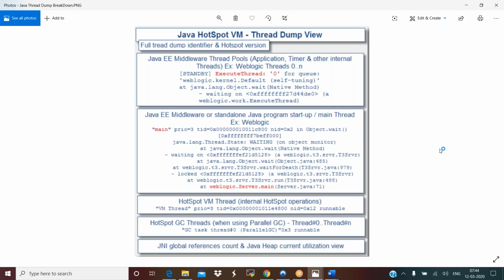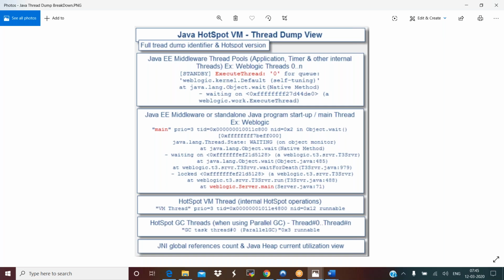It will show you a visual breakdown of all the different components that we have inside a HotSpot VM thread dump, and what are all the different thread pools you will find. If you look at the components, the first one is the full thread dump identifier on HotSpot version.